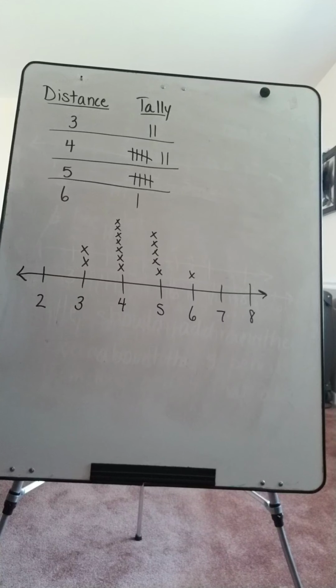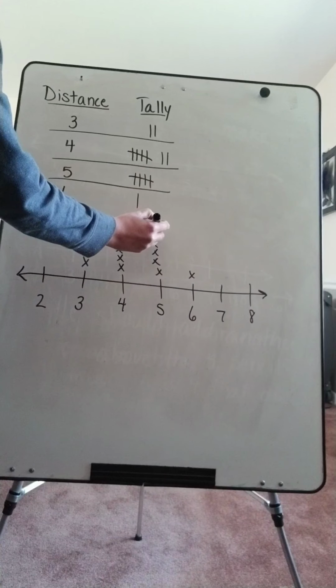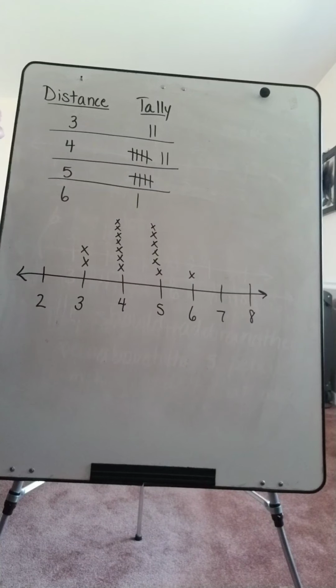On page 464, we're going to use this line plot to answer numbers 1 through 4. So number 1 says, Donovan measures the jump of another classmate. This student jumps 5 feet. Describe how Donovan should show this jump on the line plot. So if we had another child that he measured and they did 5 feet, Donovan would add another X above the 5.